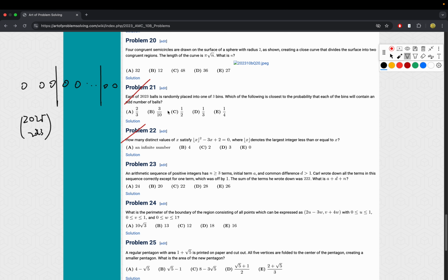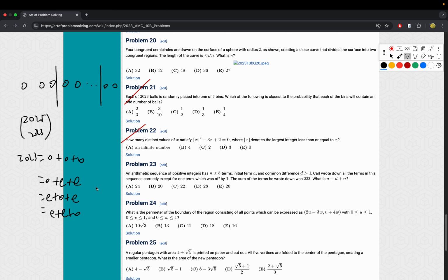I remember choosing 1/2, and the reason behind that was we can either make 2023 equal to odd plus odd plus odd, or odd plus even plus even.